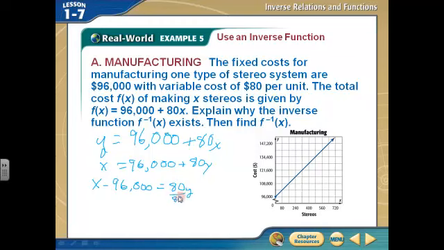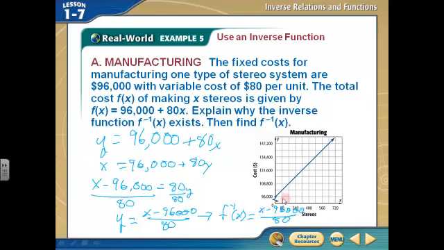Divide by 80. And I've got y equals (x minus 96,000) over 80. So then this becomes f inverse of x equals (x minus 96,000) over 80. There's our answer.